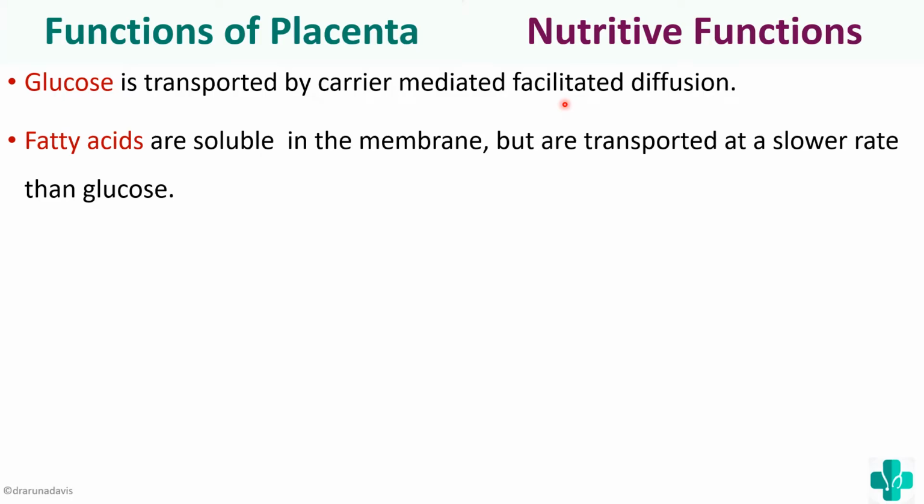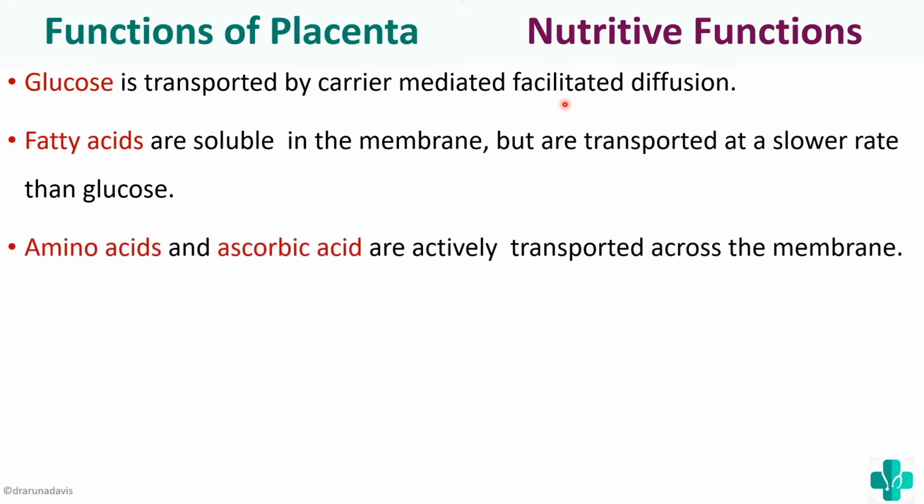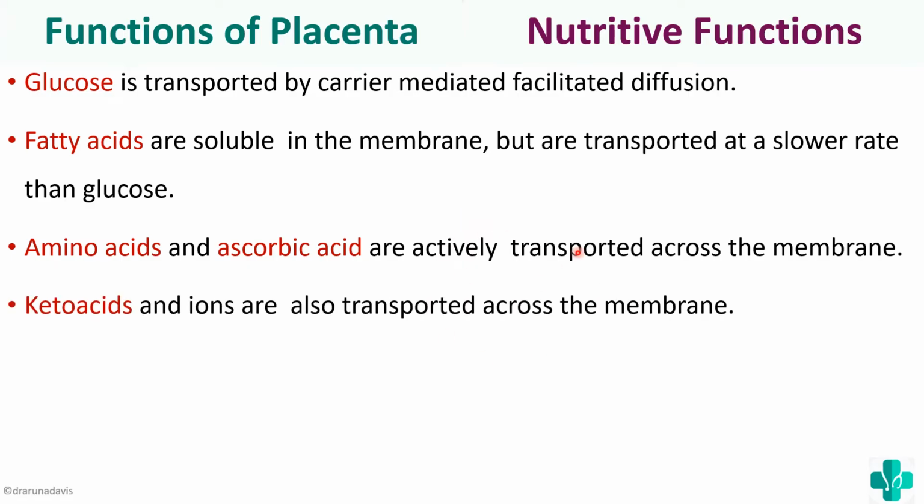What about fatty acids? They are soluble in the membrane, but they are transported at a slower rate than glucose. And amino acids and ascorbic acid are actively transported across the membrane. They need active transport. And keto acids and ions are also transported across the membrane. Not only the nutrients, we know that everything that mother eats, be it drugs or anything, can affect the fetus.